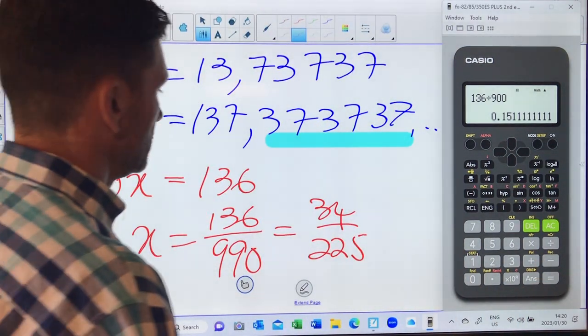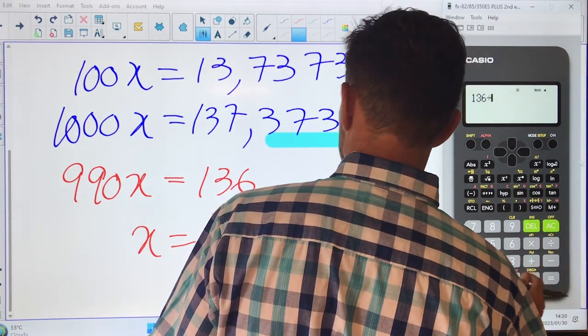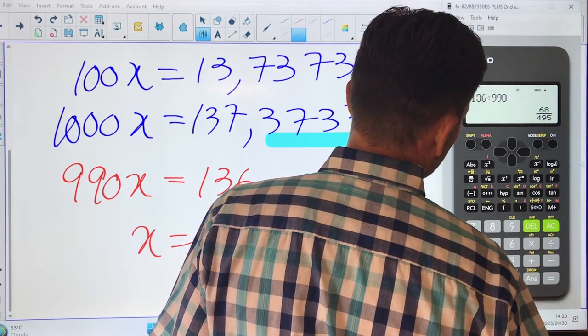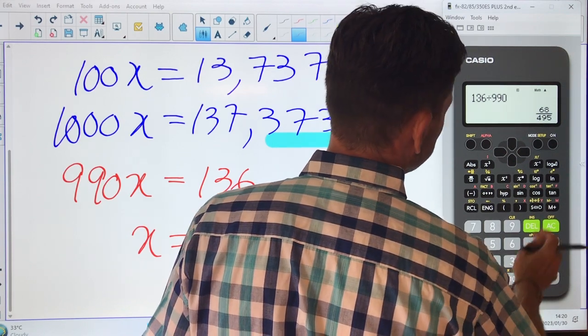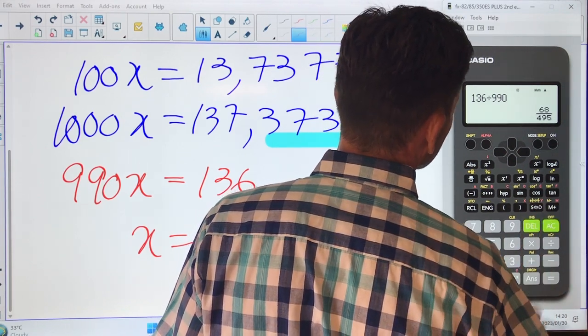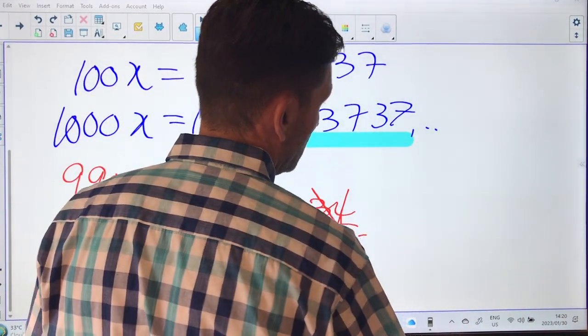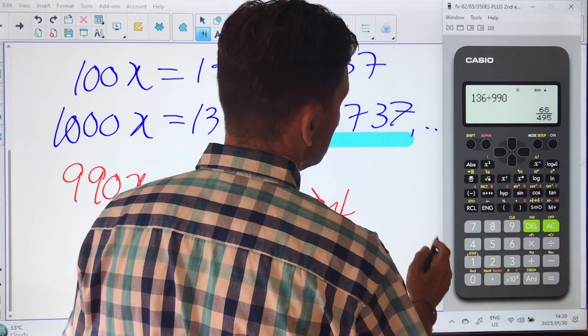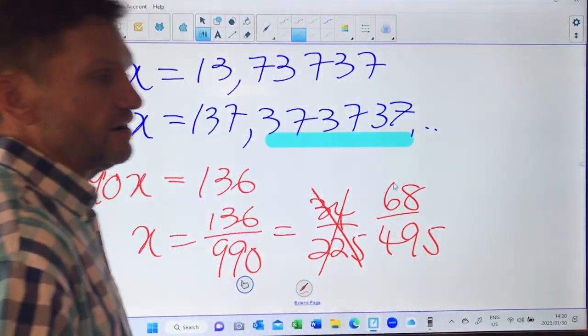I put it in correctly, 136 divided by 990. Okay, there we go. So this is completely wrong. That is going to give me then 68 over 495.